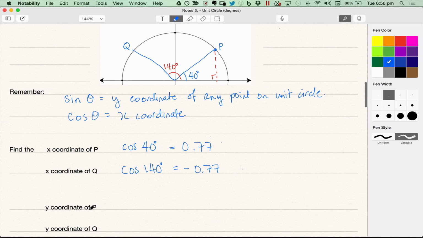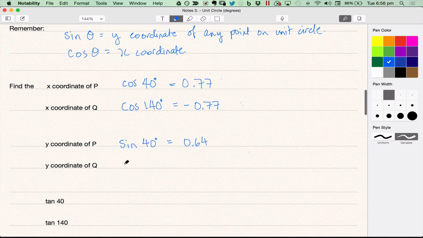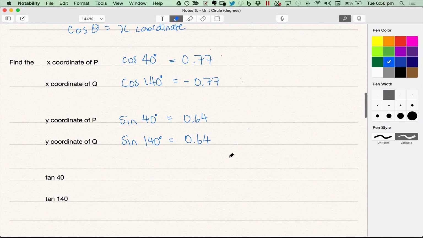The y-coordinate of P up here is sine of 40, which is 0.64, and of Q sine of 140, which also equals 0.64. Interesting.